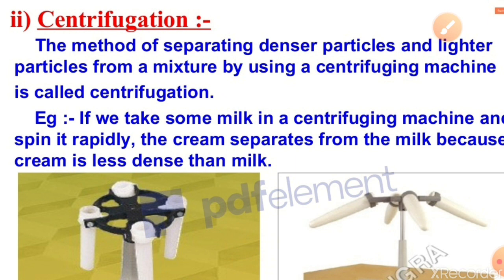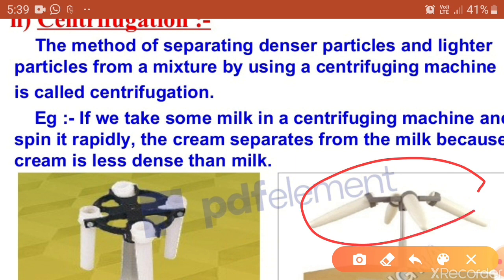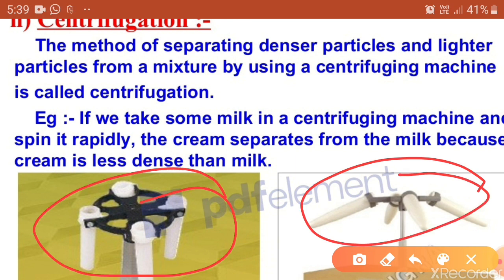So when you have to separate the denser particles from the lighter particles, we use this method, centrifugation. These are centrifuging machines, or the simple machine that your mother uses at home can also be treated as a centrifuging machine.